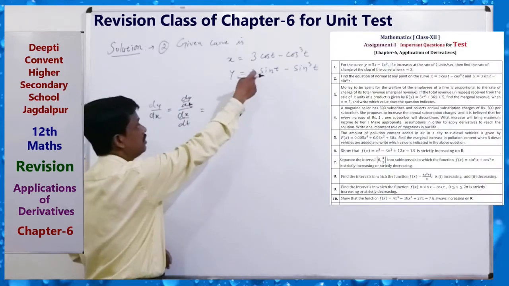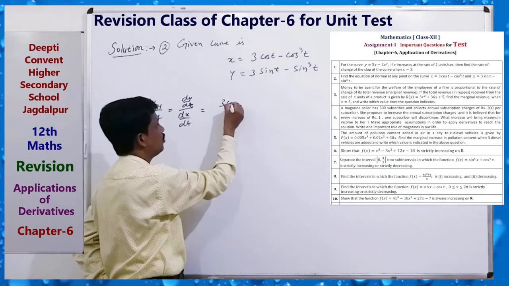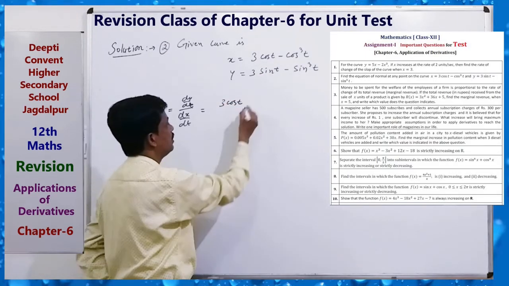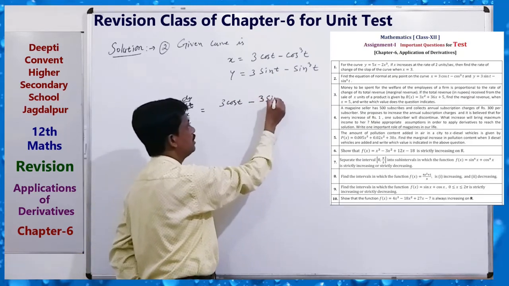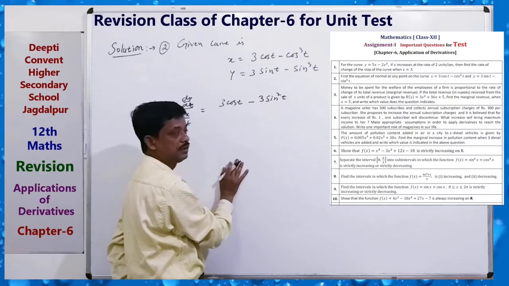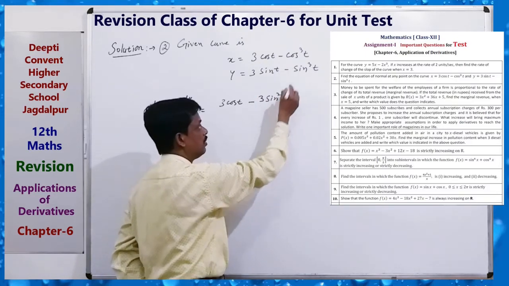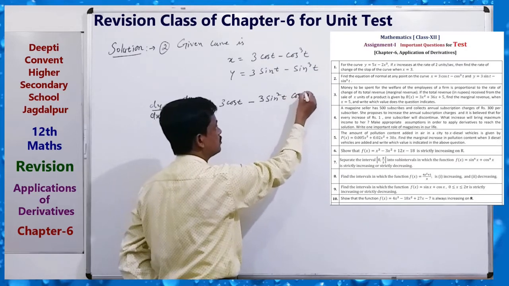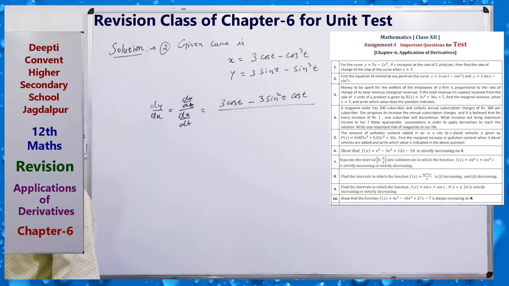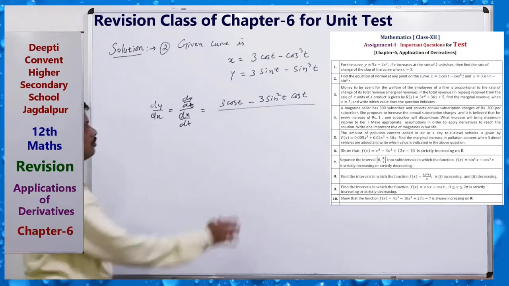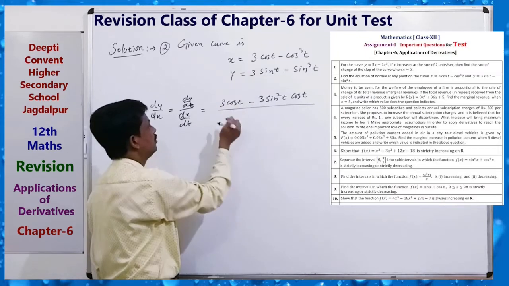dy by dt here means the derivative of this: 3 cos t minus 3 sin square t cos t, upon dx by dt.